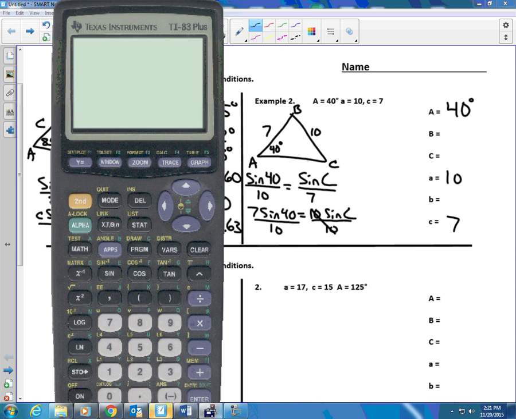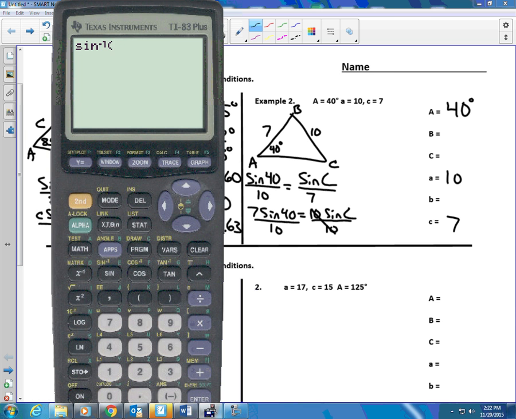I'll show you. If you're looking for an angle, you're going to have to use sine inverse. So I want to find angle C. In order to get rid of sine, we have to do this, sine inverse. So instead of just typing in 7 times sine of 40 over 10, let's do sine inverse of that.